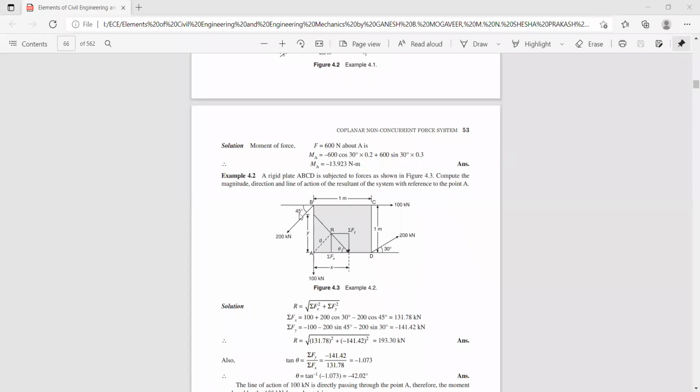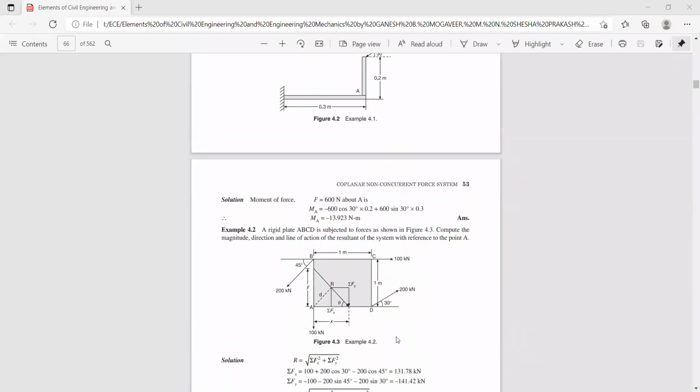You have one force of 200 kilonewton, which makes an angle of 45 degrees with respect to the horizontal axis. At point C you have a horizontal force of magnitude 100 kilonewton, and at point D you have a force of 200 Newton, which makes an angle of 30 degrees with respect to the x-axis.